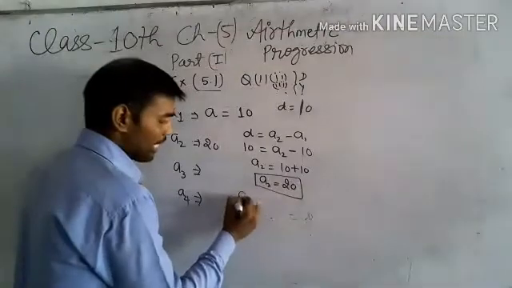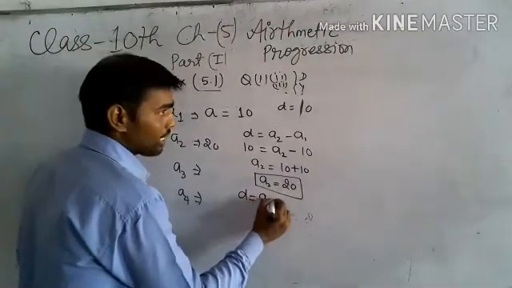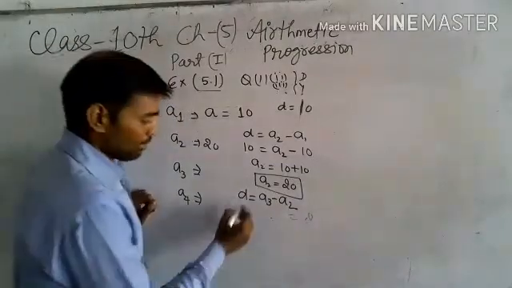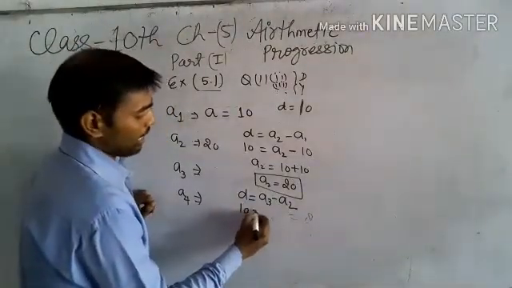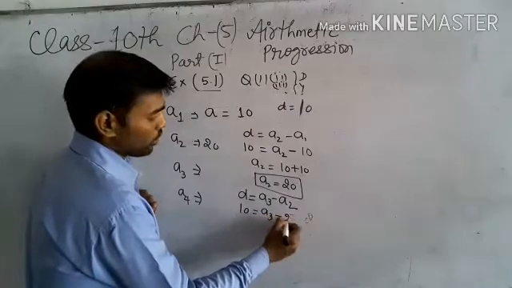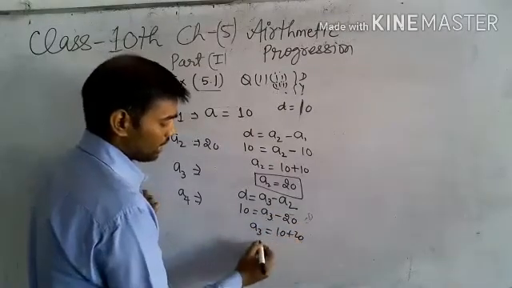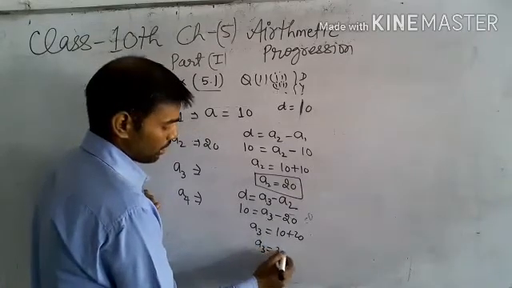For A3, again we write D is equal to A3 minus A2. It means D is equal to 10, A3 is unknown and A2 is 20, so A3 is equal to 10 plus 20, that is A3 is equal to 30.